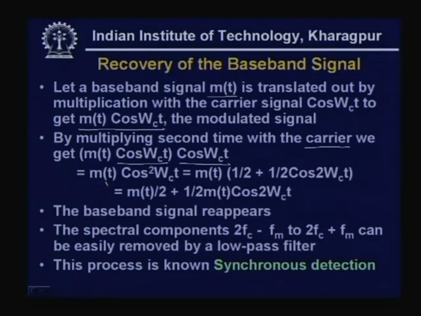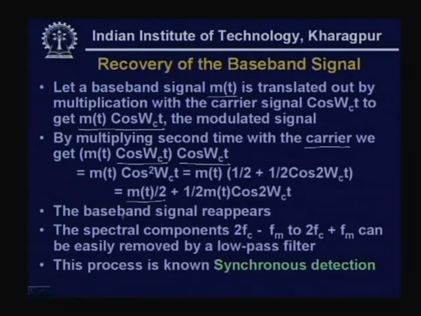We get m(t) cos²ωct, which can be expanded to m(t)/2 plus (1/2) m(t) cos 2ωct. So, we find that it has got two components. One is m(t)/2, another is (1/2) m(t) cos 2ωct.